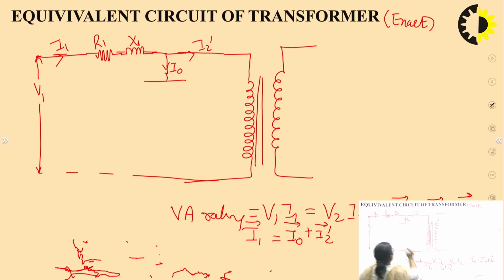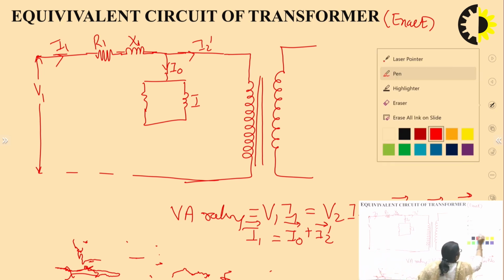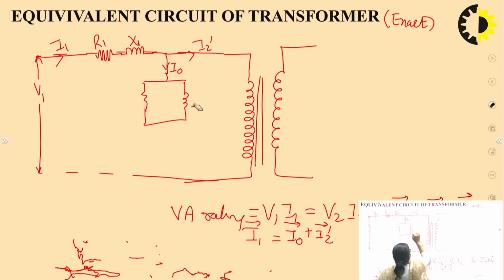So once again it is consisting of two: the reactive component X0 and R0, right?